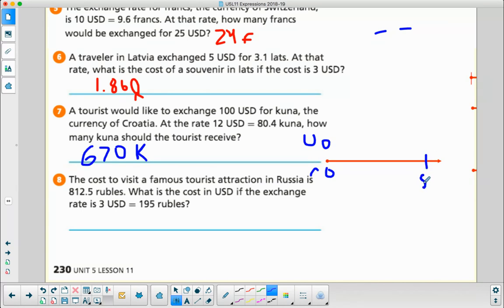And I think, oh my gosh, there's no way I'm going to have that much money. And what do I know is 3 US dollars is worth 195 rubles.